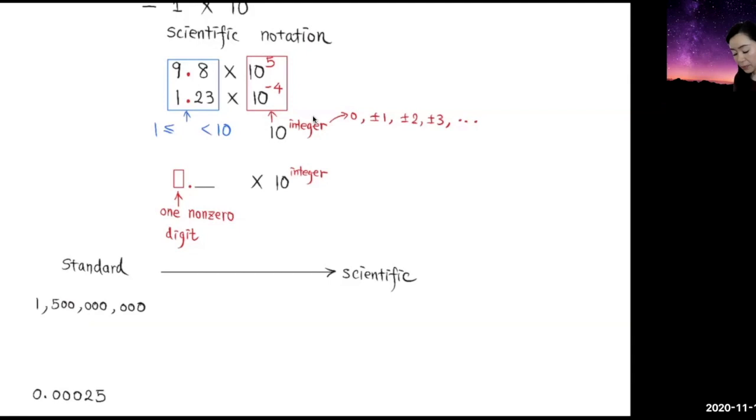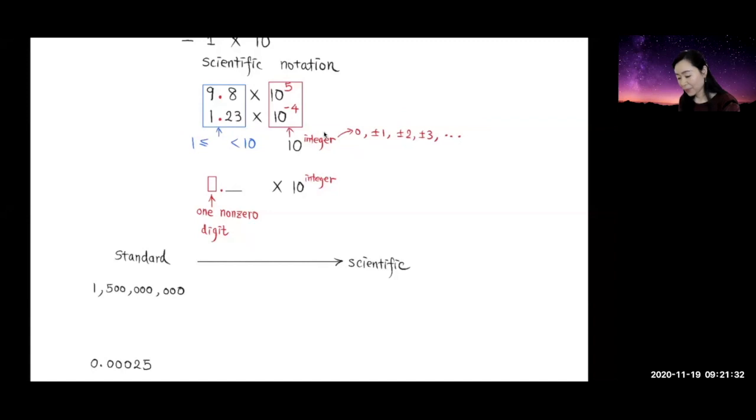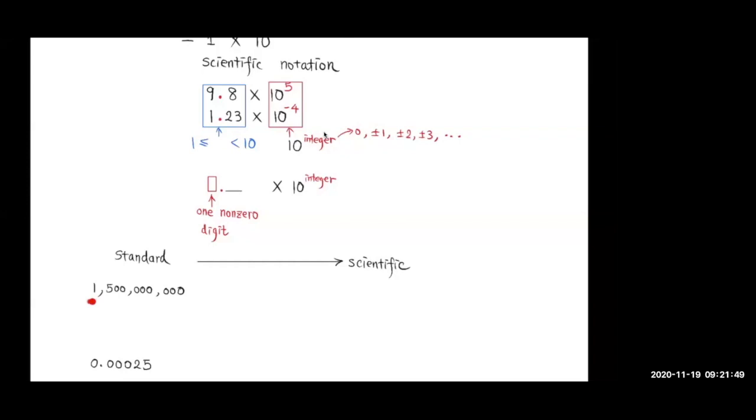Now, in scientific notation, how should we write this? Remember, the first part will be a number between 1 and 10. You will have 1 non-zero digit before the decimal point. So you go from left to right, and the first non-zero digit is this 1.